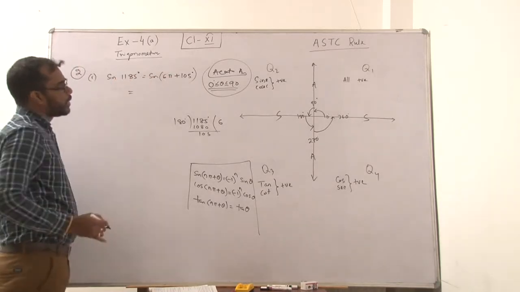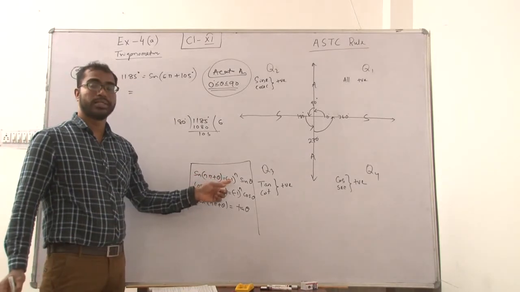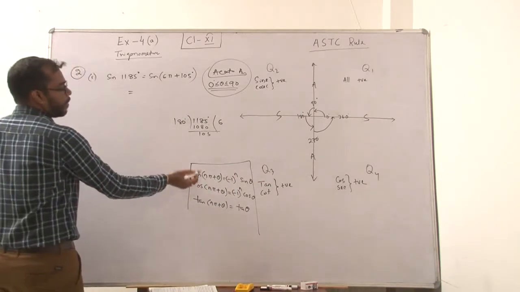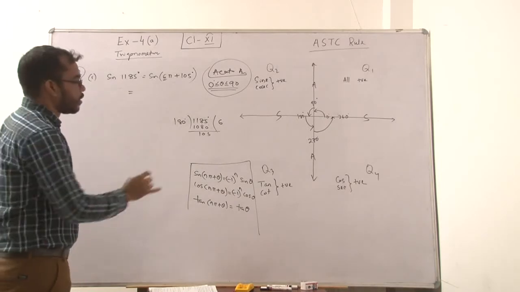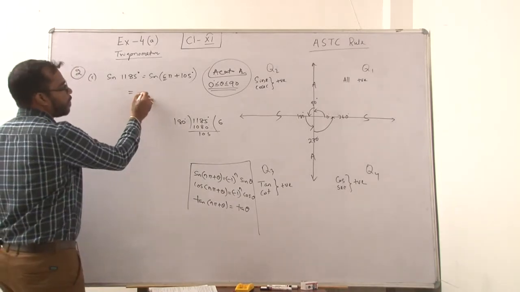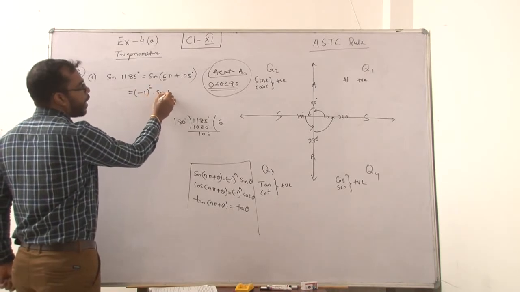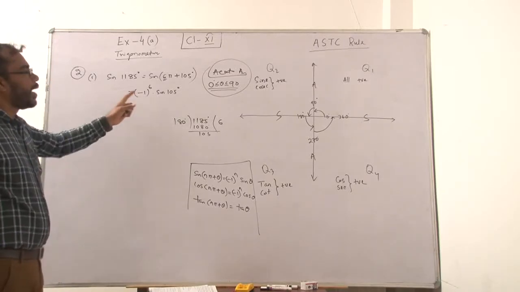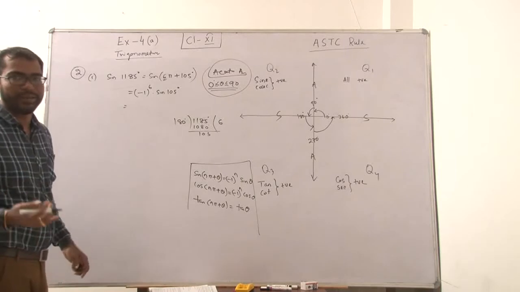Here you can use this formula: sine (nπ + θ) is equal to (-1)^n into sine θ. According to this formula, the value of n is equal to 6. So you can write (-1)^6 into sine 105 degree. The value of (-1)^6 is positive because the power is an even number.